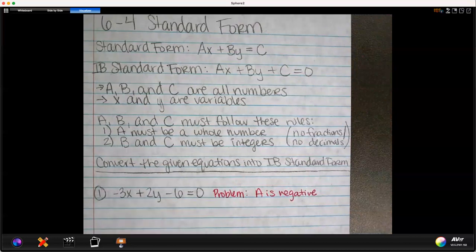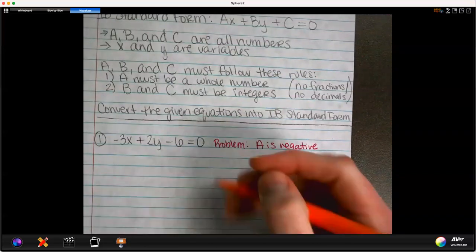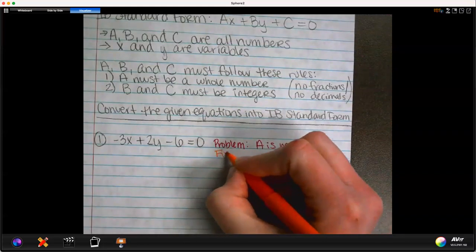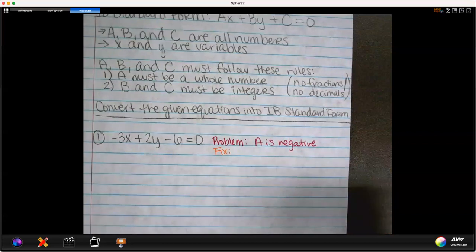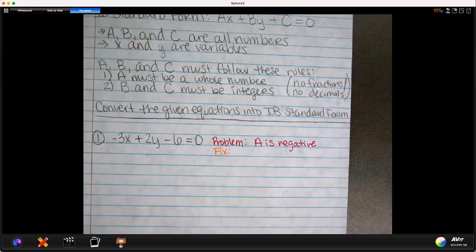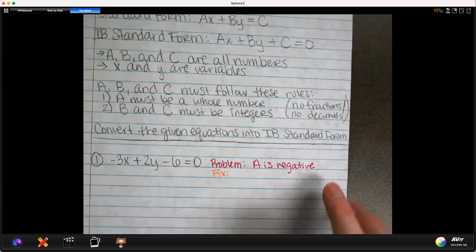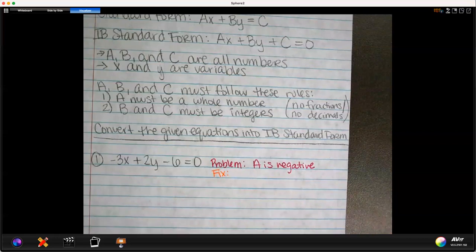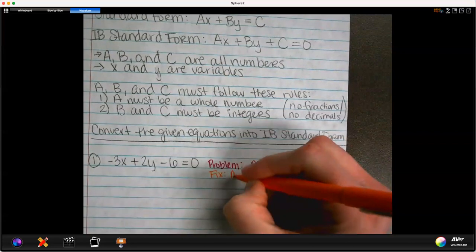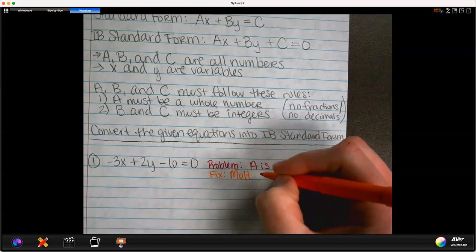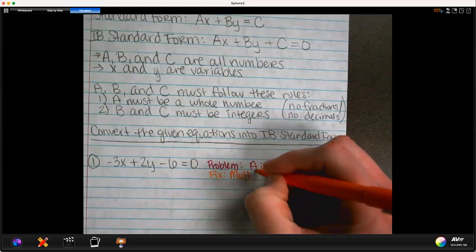Now in a different color, I'm going to list out how we can fix that problem. How can we fix that problem? If something is negative, and I don't want it to be negative, but I want it to stay on the side that it's on, what could I do? Good, so you could multiply, multiply or divide by -1.